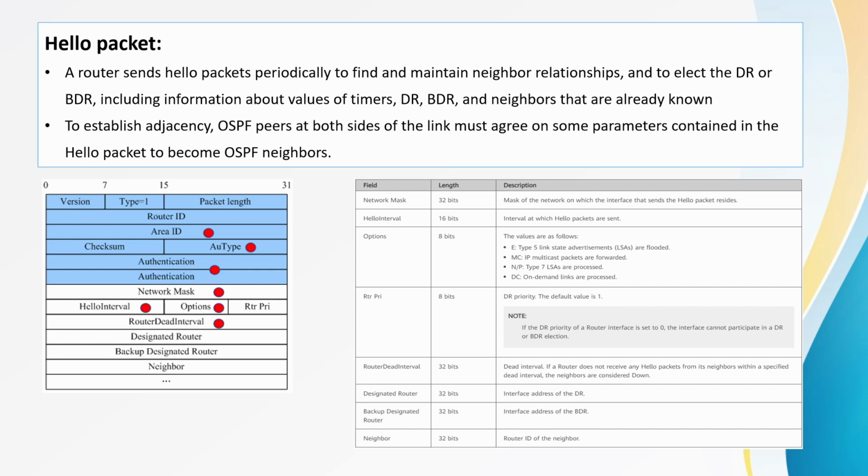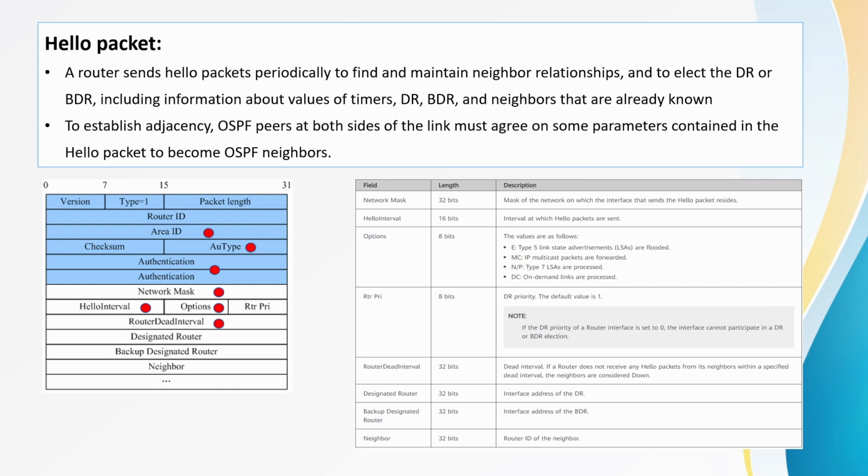To establish adjacency, OSPF peers at both sides of the link must agree on some parameters contained in the hello packet to become OSPF neighbors. The diagram on the left-hand side shows the hello packet headers. The hello packet has 2 parts. The first part is the OSPF header, and the second part is the hello packet.